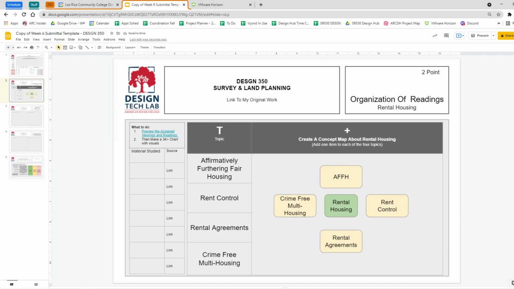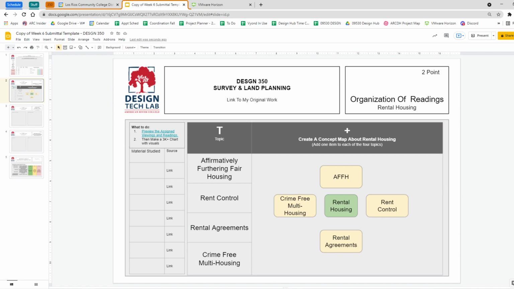Now, each of these should have something that you found out about rental housing. Something that you've found out about rent control and rental housing, AFFH and rental housing, rental agreements and rental housing, crime-free multi-housing and rental housing.